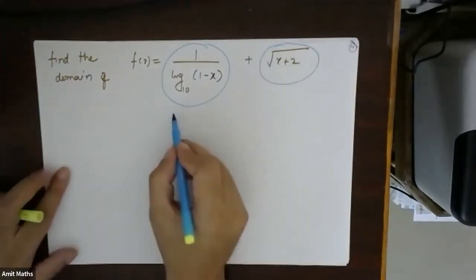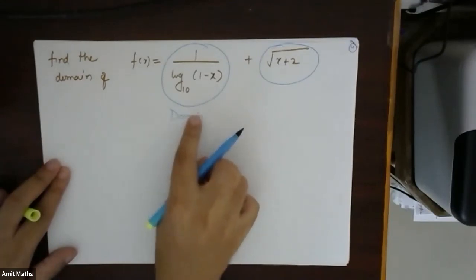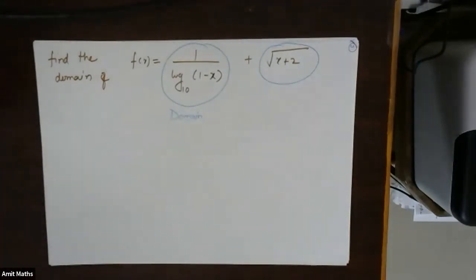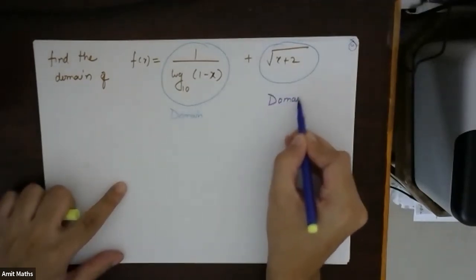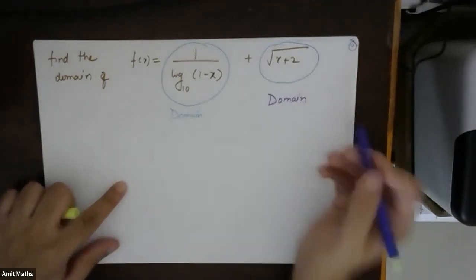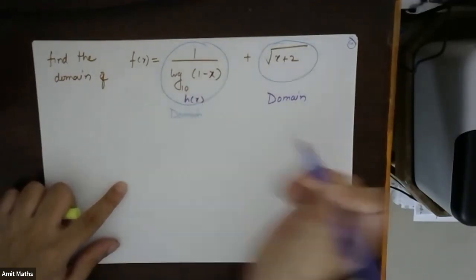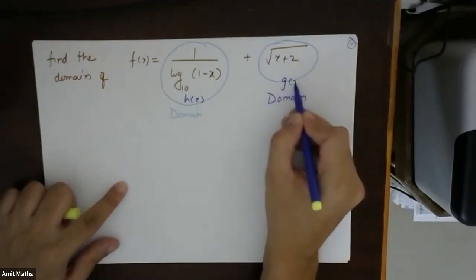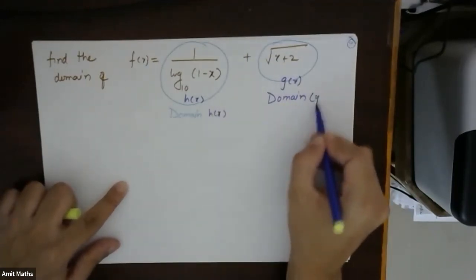So this function will have a domain of itself, and this second part will also have a domain of itself. If I take this function as h of x, and this function as g of x, the domain of h of x will be separate and the domain of g of x will be separate.